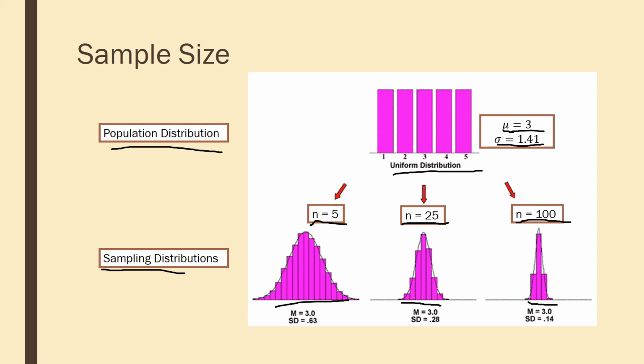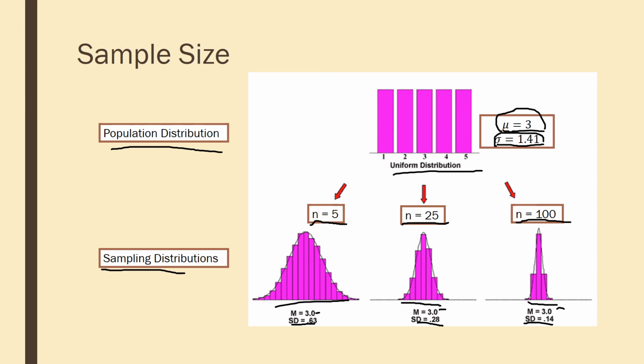So what do we notice? Our means for our sampling distributions are equal to 3. And that is equal to our population mean. What we also notice is that our standard errors here, which is the standard deviation of our sampling distributions, are all less than our population standard deviation of 1.41.